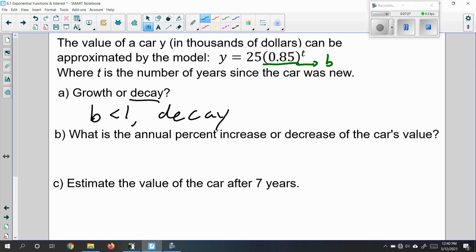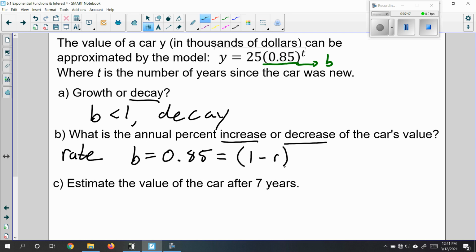What is the annual percentage increase or decrease of the car's value? In other words, they're asking us for the rate. Well, since b is equal to 0.85, and we've replaced b with 1 minus r, since this is a decay model, we are going to use 1 minus r.